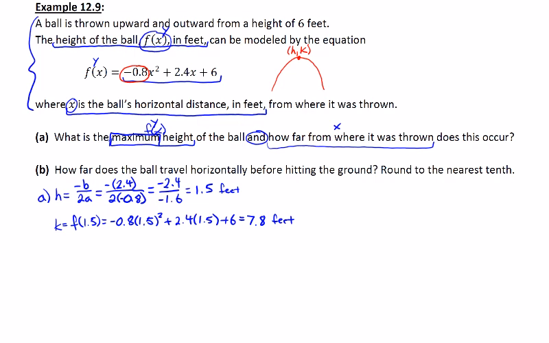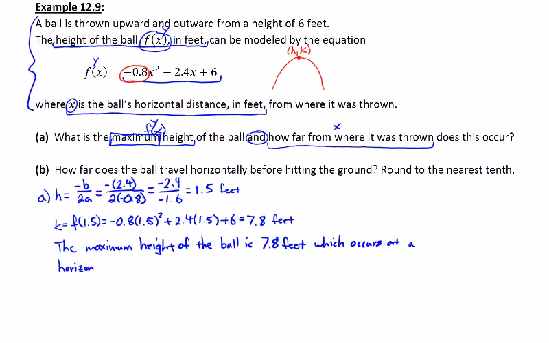So let's start with saying the maximum height of the ball is 7.8 feet, which occurs at a horizontal distance of 1.5 feet. And that should be it. That answers the question, uses both the calculations we came up with.